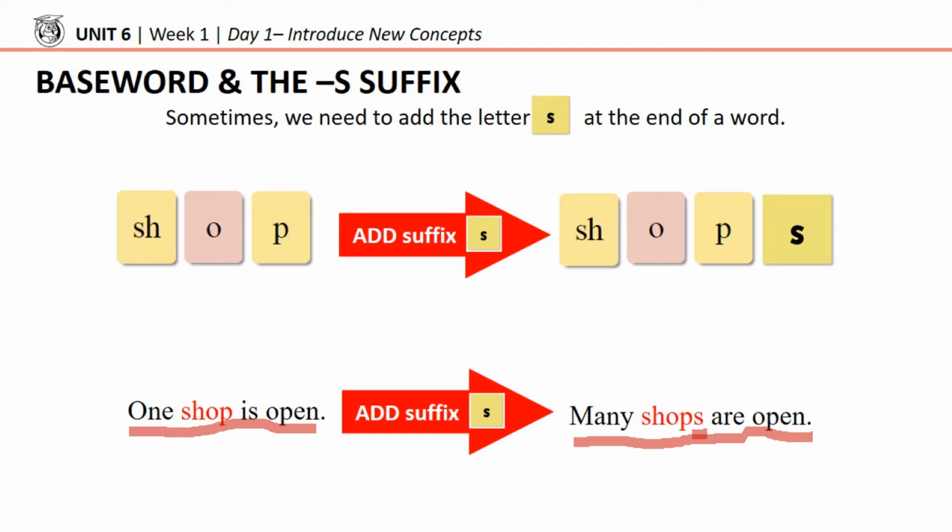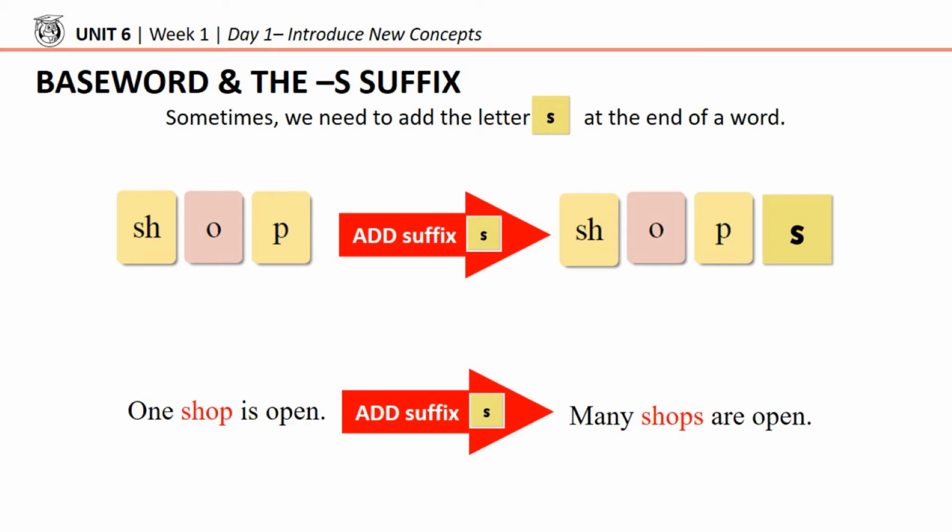The word shop is the base word. That's the word that we have before we add anything to it. So the word shop means one store, one shop. But as soon as we added the S to the word shop, it shows us that we're talking about more than one. So it says many shops are open.